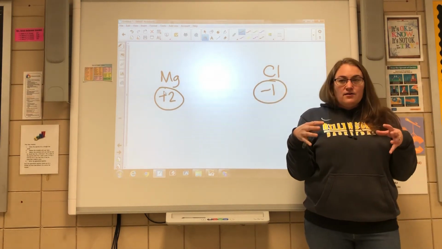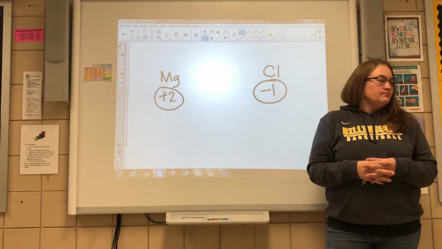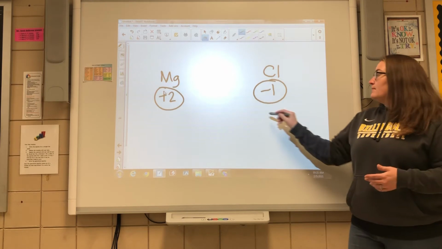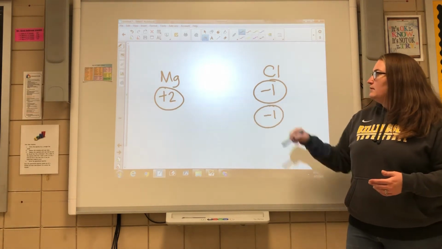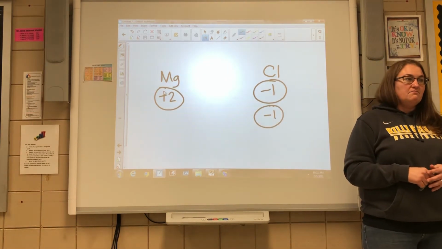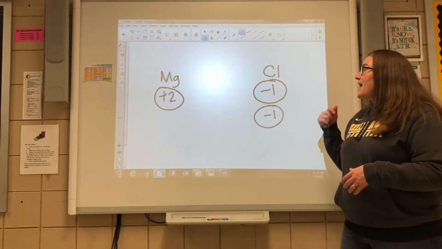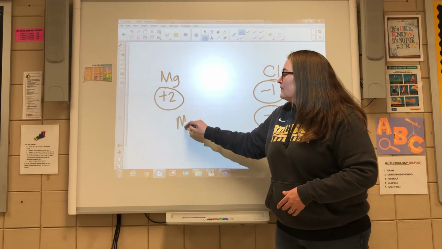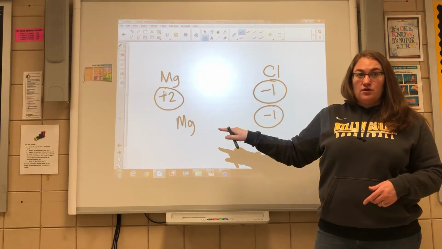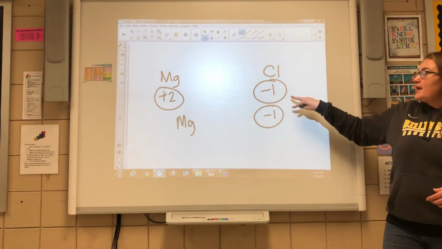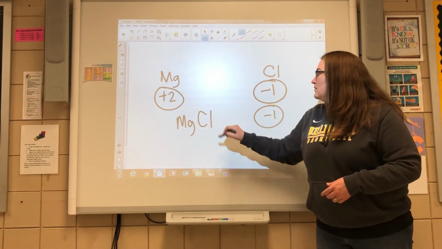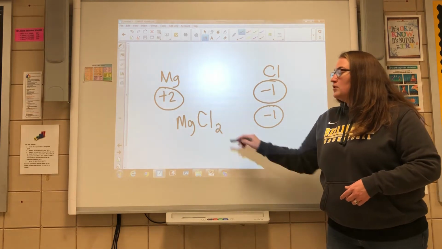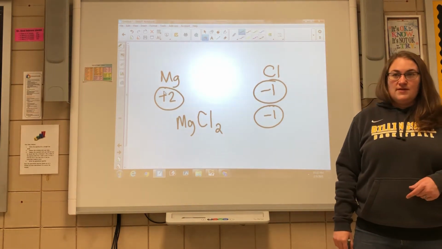If I combine those, would that equal out to 0? No. What do I need? Another -1. I need another chlorine. Does that balance out to 0? Yes. So now if I write the formula, I have one magnesium atom that has a +2 charge. And I have 2 chlorine atoms that have a -1 charge. So I'm going to write MgCl2. Does that make sense?